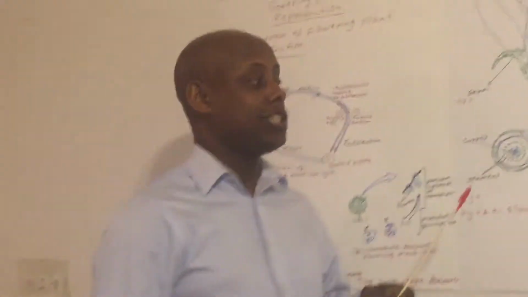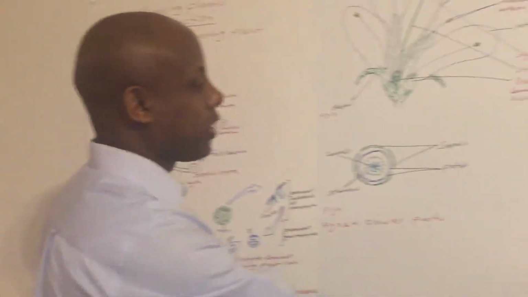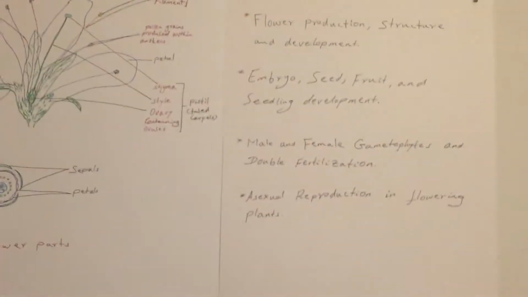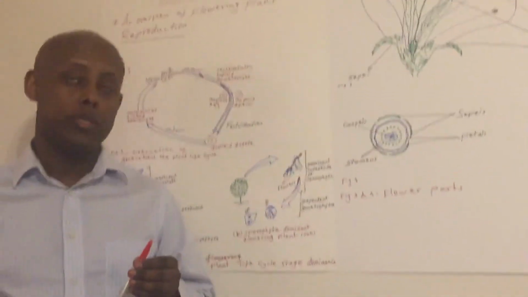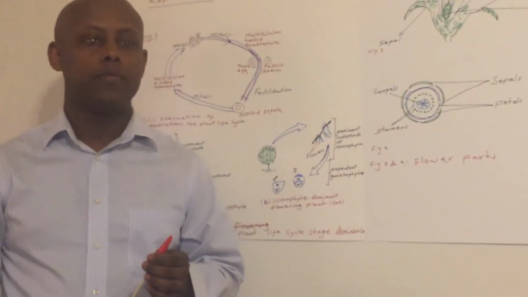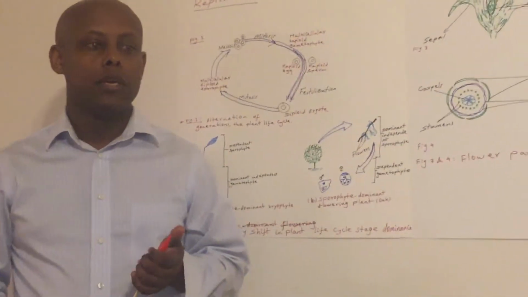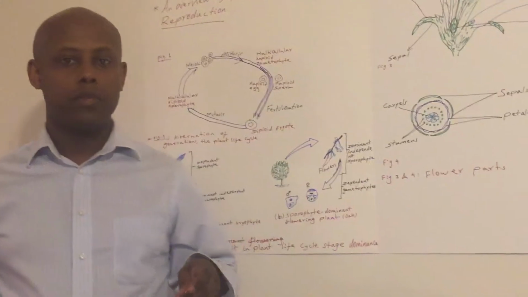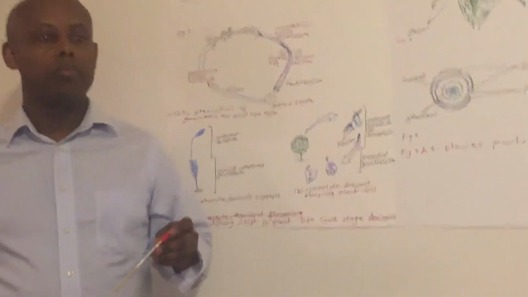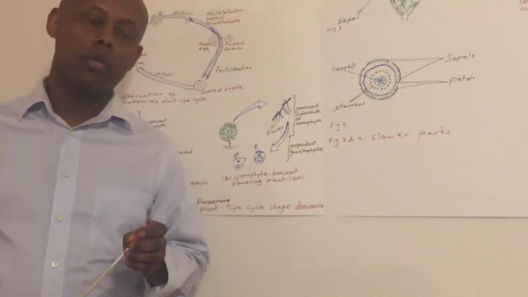Asexual reproduction in flowering plants is the production of new individuals from a single parent without the occurrence of fertilization. Vegetative reproduction is the development of a whole plant from non-reproductive organs.